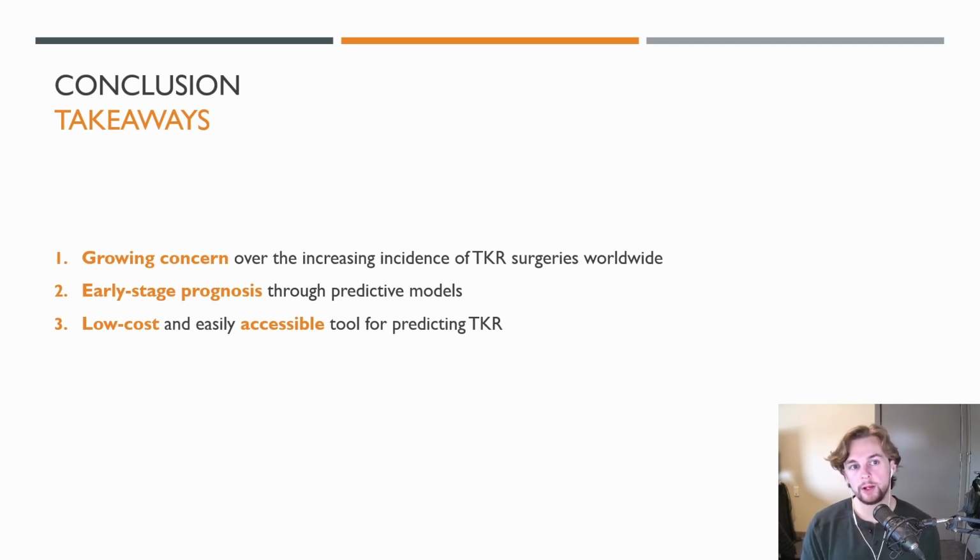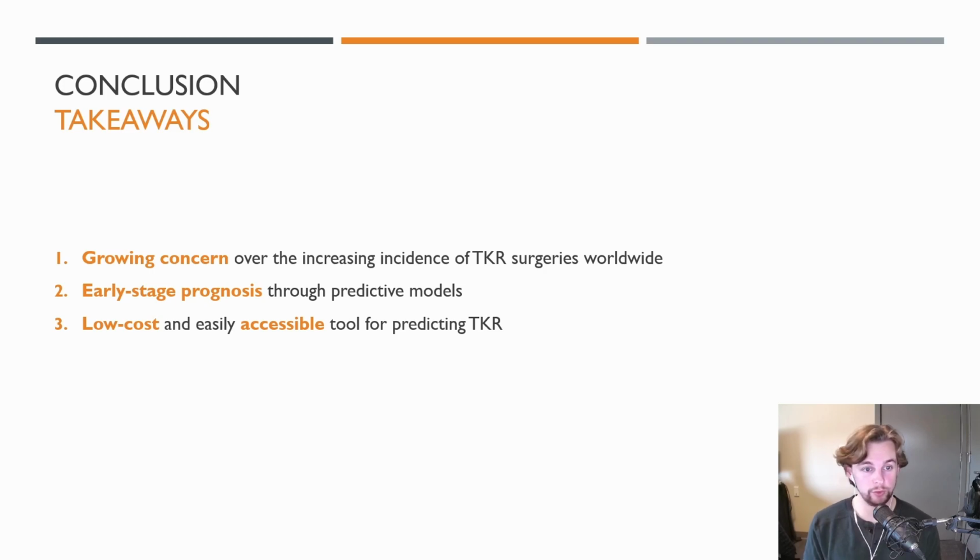So, my key takeaways about this article is that it did a good job at highlighting the growing concern of the increasing incidence of total knee replacements. And it also brought to light how early stage prognosis through predictive models is very important. We need to make sure that we're diagnosing osteoarthritis as early as we can, and monitoring it as much as we can.